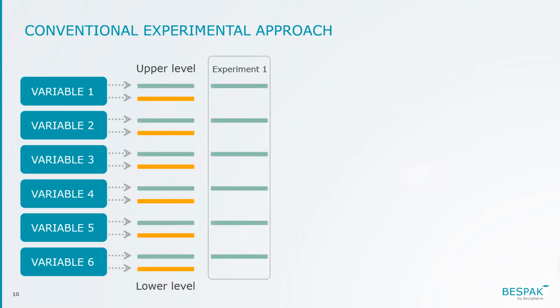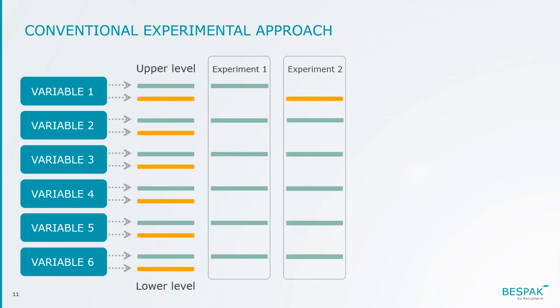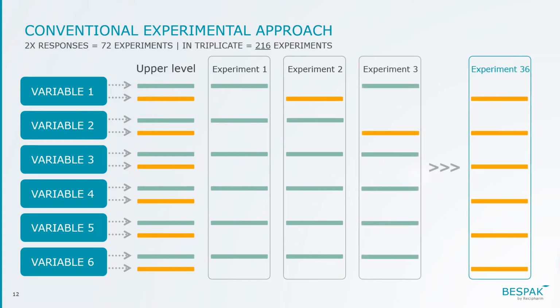In the first experiment, all of the variables might be at the upper level. For the second experiment, one of the variable levels will be changed, leaving all others as before. This process is repeated until all possible permutations have been exhausted.